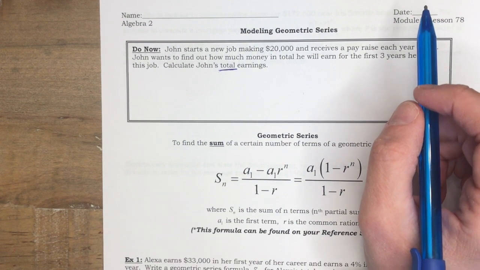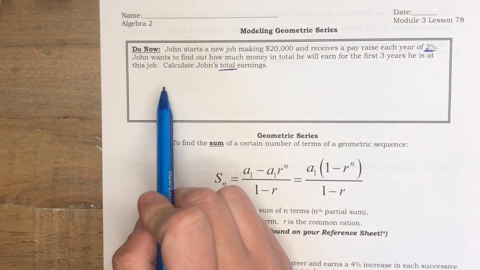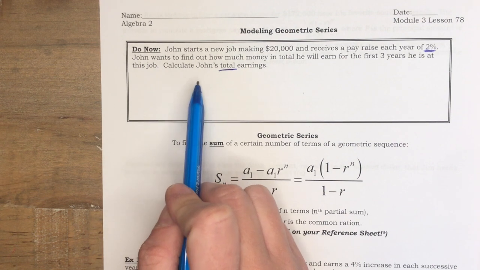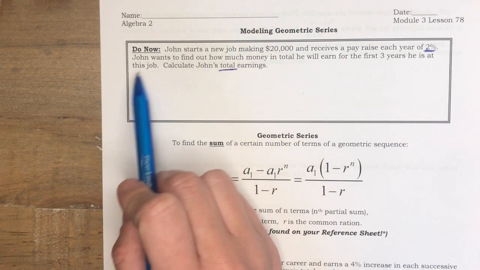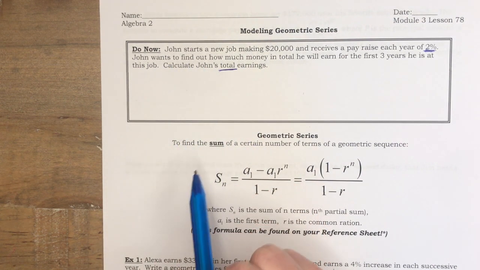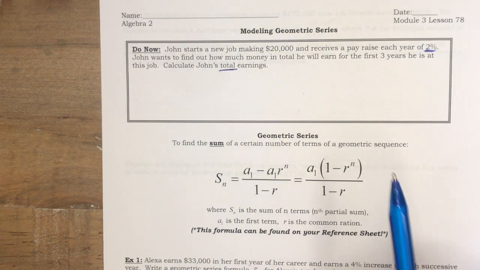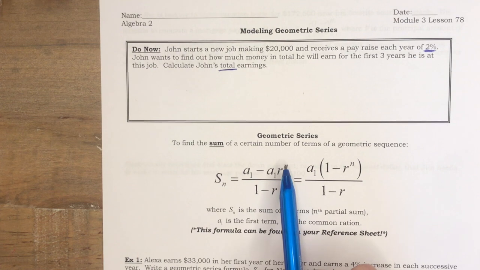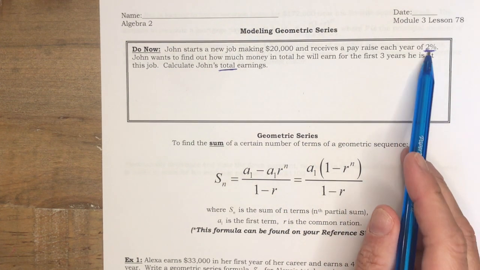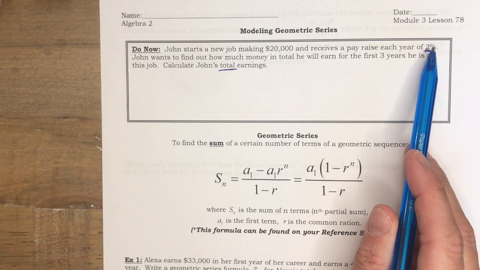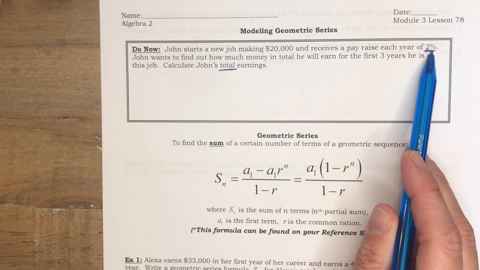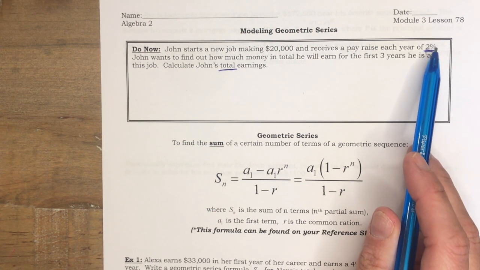So instead of me finding out how much he makes year 1, year 2, year 3, and then adding it up, we can use that formula that we talked about in the last lesson, which is down here, for the sum of a geometric series, which this is because it's growing by this constant percent. We're multiplying by this r.